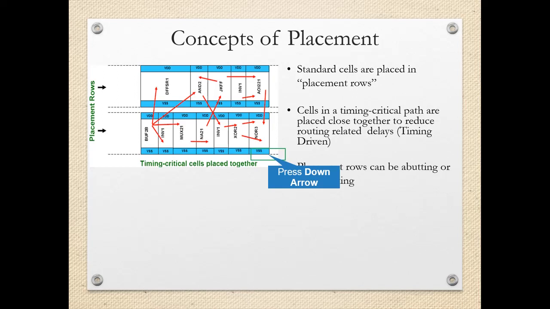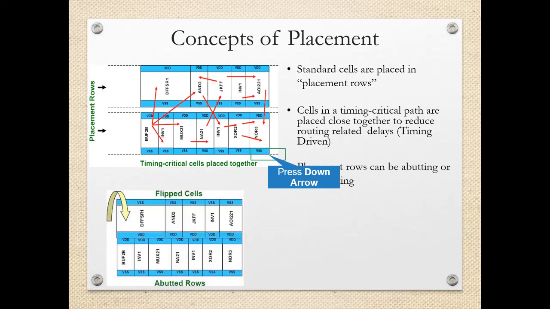I have those diagrams with me, showing what is abutting and what is non-abutting. In abutted rows, we can see that there is no spacing between the different rows of the standard cells. Here the cells are flipped, like the upper row is VSS, then the different standard cells, and then VDD, and then the downward row VDD, the cells, and again VSS.